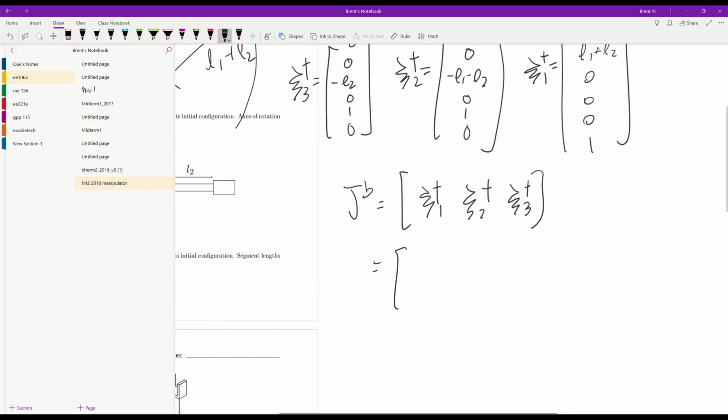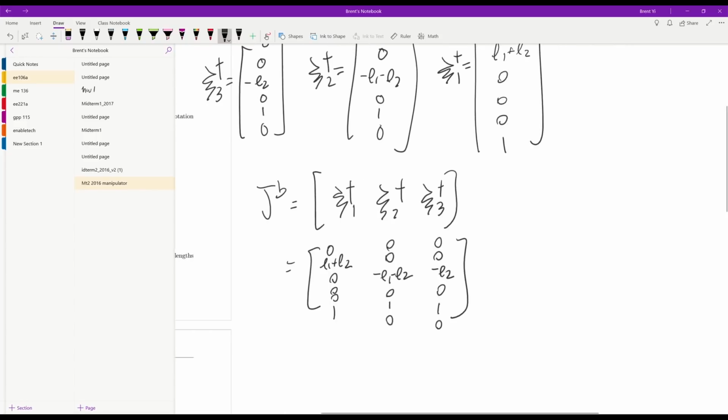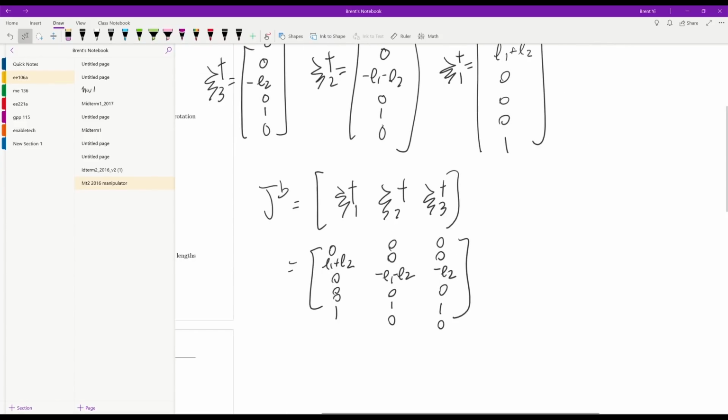So twist 1 dagger is 0, L1 plus L2, 0, 0, 0, 1. Twist 2 dagger is 0, 0, negative L1 minus L2, 0, 1, 0. Twist 3 dagger is 0, 0, negative L2, 0, 1, 0. And that's our answer. So let's just copy this over to here.